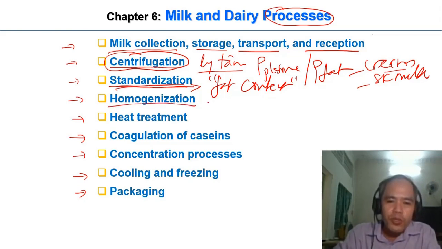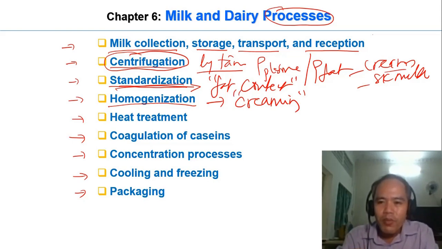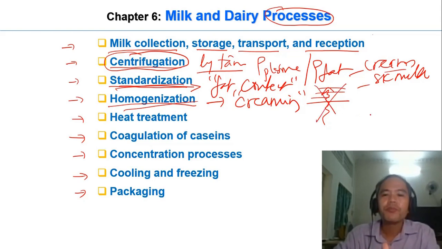Homogenization is a process to make a homogeneous product. It's actually applied to prevent creaming. Creaming means the phenomenon that the cream, the fat globules, will rise up to the top and will separate from the raw milk. So when we do homogenization, we can prevent this so products become more homogeneous.